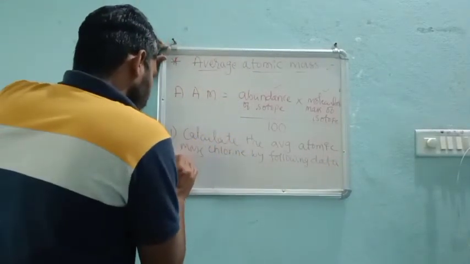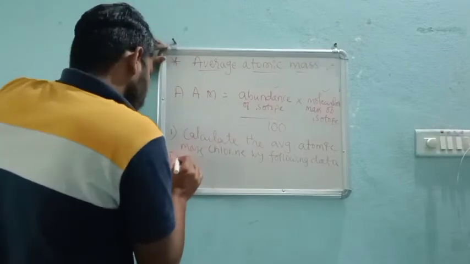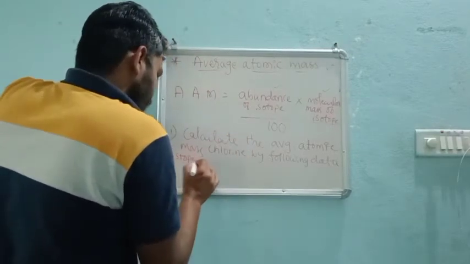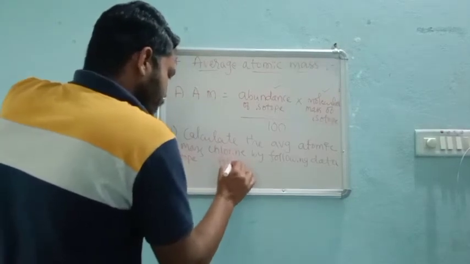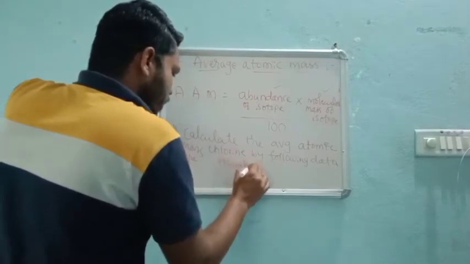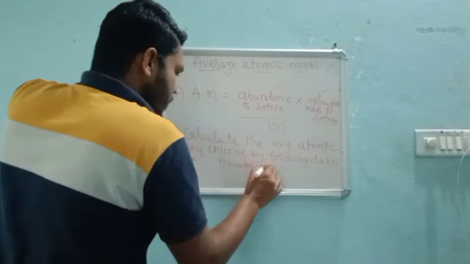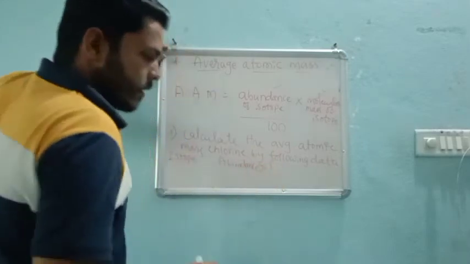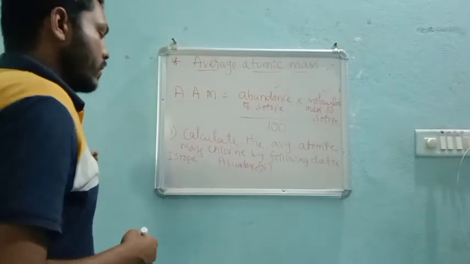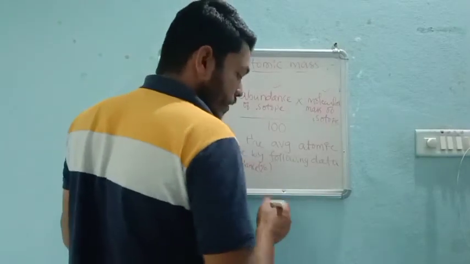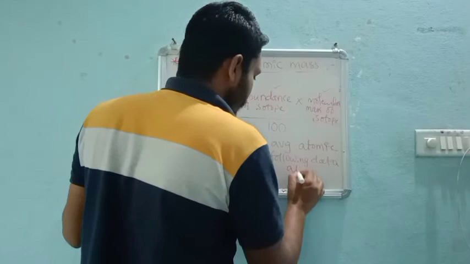The first column will be the isotope, and then abundance. Abundance is nothing but the percentage present in our nature, and atomic mass. They will give everything.